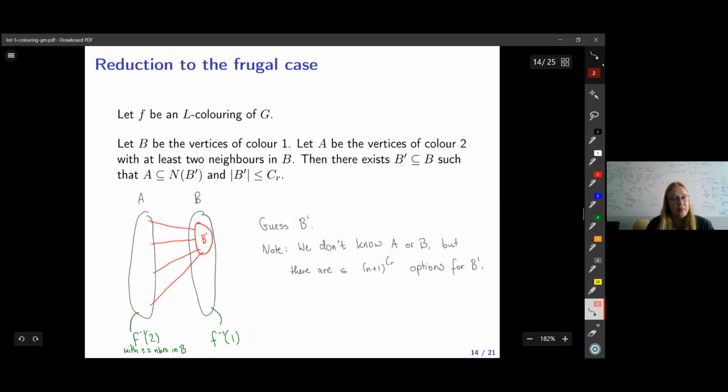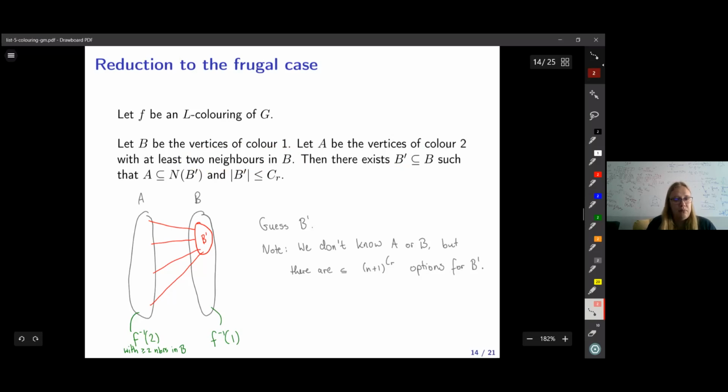Then we're in the setup of the previous lemma, and we also have arranged that each vertex in A has at least two neighbors in B, so we must be in the outcome where there's a subset B prime of B, which is small, and everyone in A has a neighbor in B prime, and small means constant size.